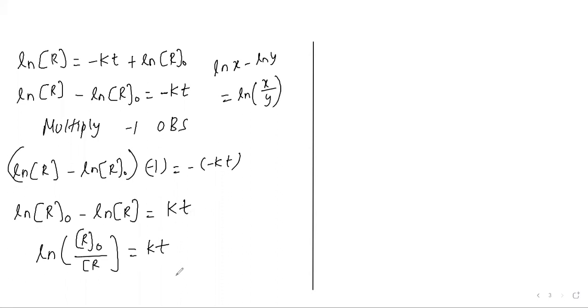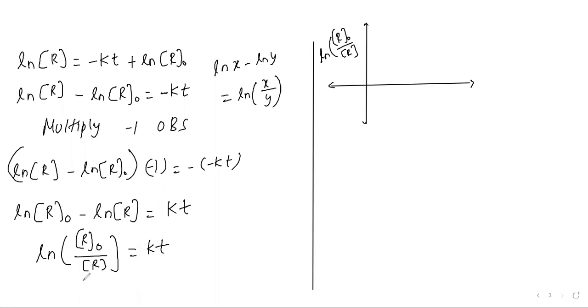Now for this one also we can draw the graph. The graph will be like this also. For this one, how the graph will be, we'll check. Now take this axis. Previously we were taking ln of r on the y-axis. Now we will take ln of r naught by r.